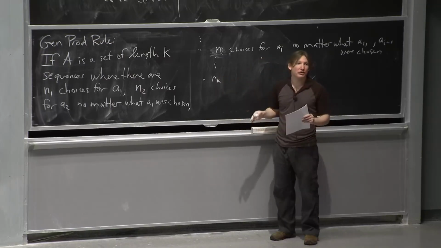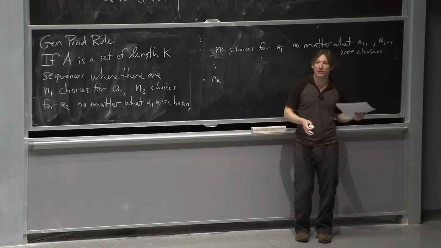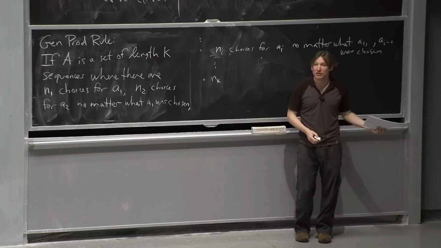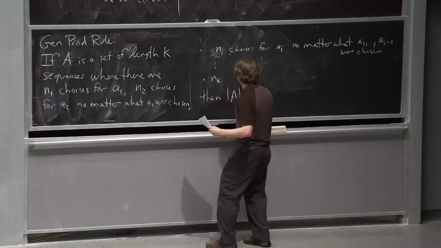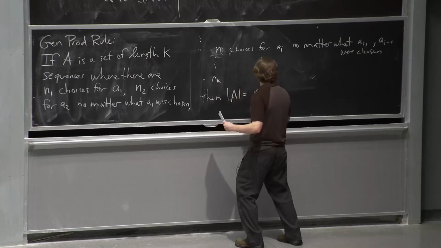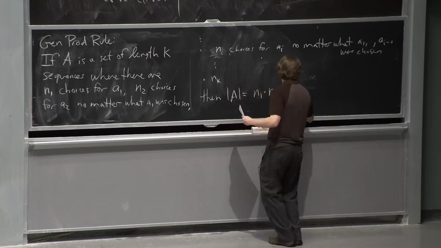So if earlier choices don't change the number of options we have in later steps, then the size of A is n1 times n2 up to nk.